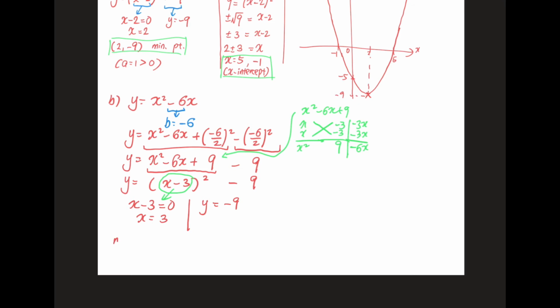Then I will get (3, minus 9) as a minimum point. a equals 1, which is more than 0, and hence it is a minimum point. Where is the a coming from? a is from here, in front of the bracket. If you see nothing here, that means it's 1. So a is 1, greater than 0, so hence minimum. Now we find out the x-intercept.